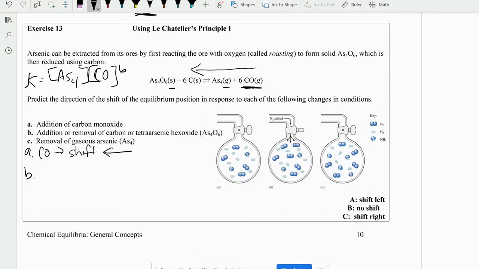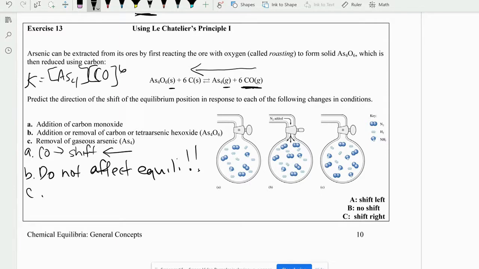We just talked about how solids are not a part of the equilibrium expression. Therefore, they do not affect the equilibrium. They're not even part of the expression, you guys. Does that make sense?